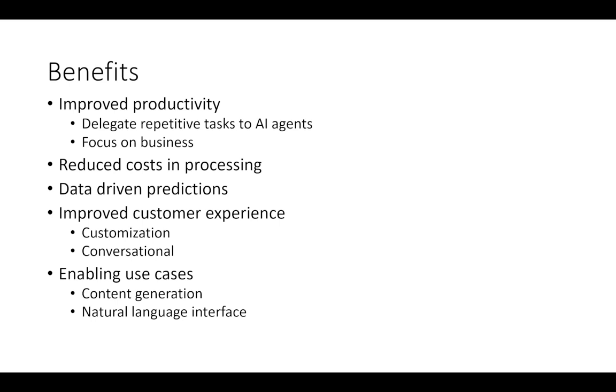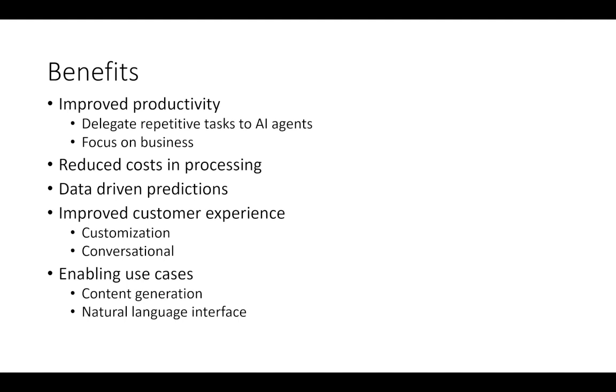Okay, so what are the benefits? The first thing is improved productivity. All the repetitive tasks you can delegate to AI agents. And only when the AI agents cannot make a decision, or its confidence is low in the actions, it will prompt the user for intervention. So like 90% of the activities would happen seamlessly, in an automated way, by the AI agents.